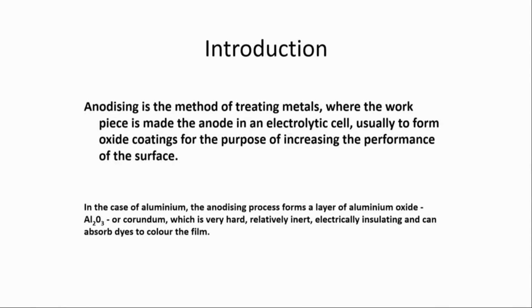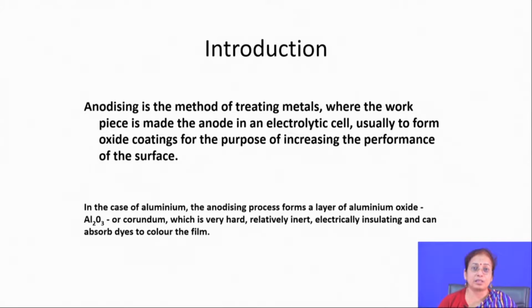Aluminum is used as the anode, but on the surface of aluminum there is always a very thin oxide layer present. So, prior to anodizing, you have to polish the substrate properly and clean it properly.